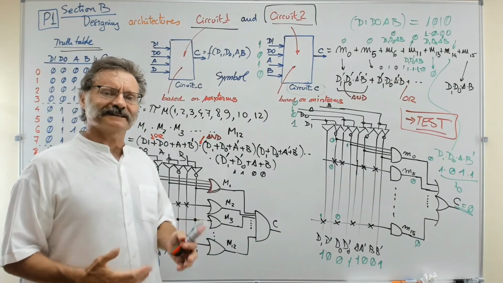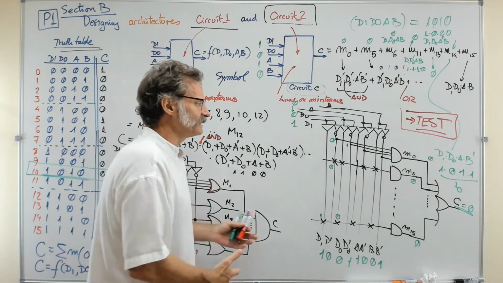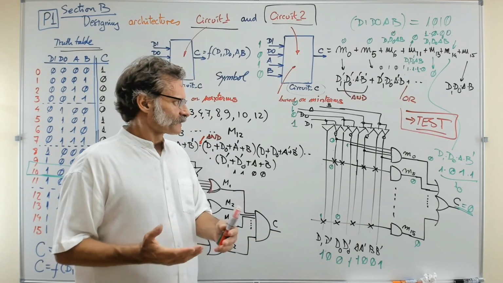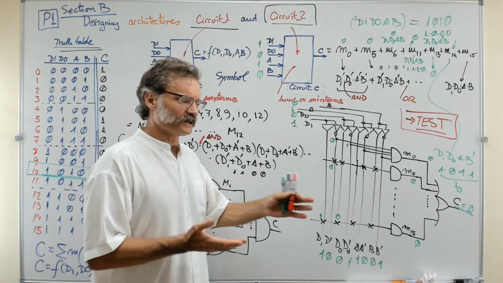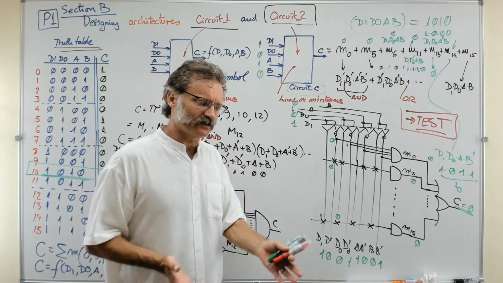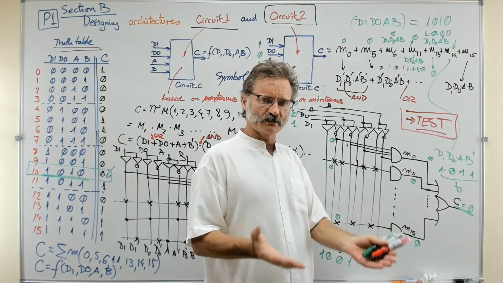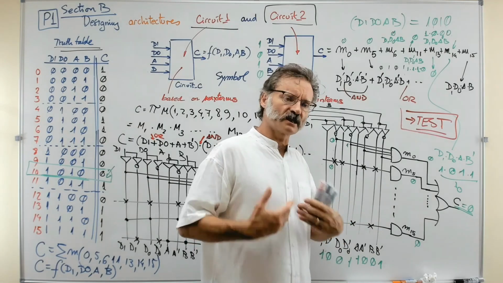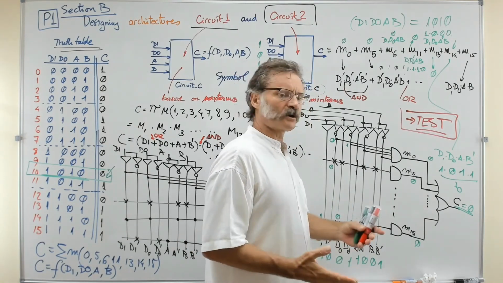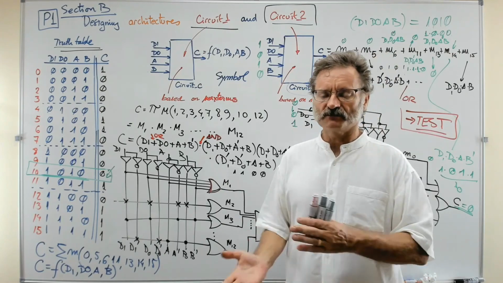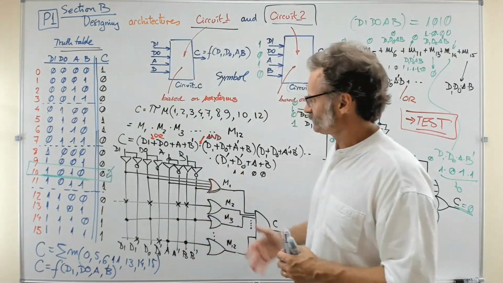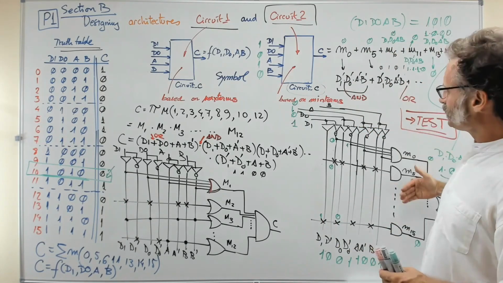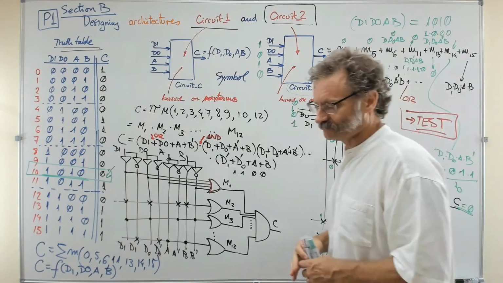And we will start testing everything from the very beginning, as we did when we had to analyze a circuit. Remember, the analysis was in one way or another, but the step of testing was there because you simply had to compare the solution from 2 or 3 methods. And you can have to keep going, solving the problem until you have the same solution, even if you are using 2 or 3 different methods. So here is the same idea. You are inventing something, so please do not finish it unless you test it. Okay?